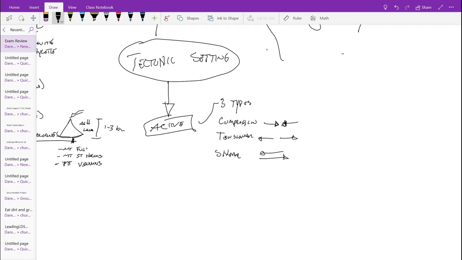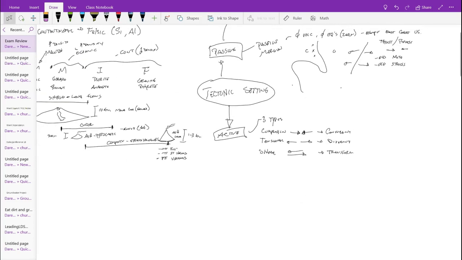The active stress that you usually have related to the plate boundaries: we have convergent boundaries for the compression, divergent boundaries for tensional stress, and transform boundaries for shear stress.